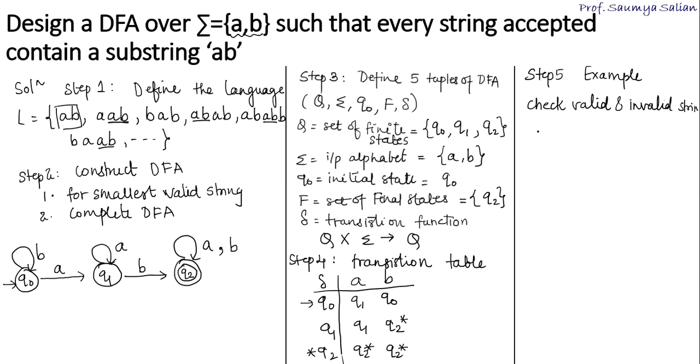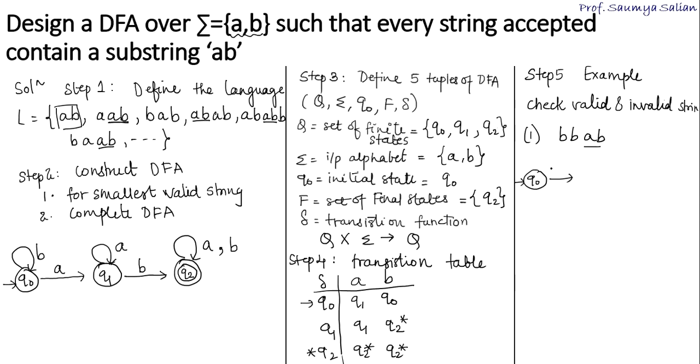Clear? Yes. So let's begin. We'll first check for a valid string. Let's take a valid string BBAB. This is my valid string because it contains substring AB. So let's start from the initial state Q0.